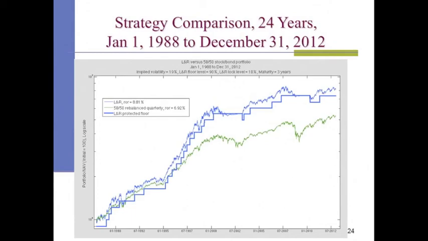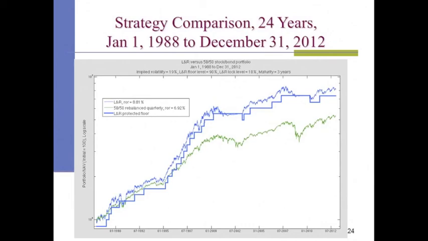Along the vertical, it's a log scale, and we're looking at the gain in either the lock and roll strategy, which is in blue, or the 50-50 strategy, which is in green. This begins the beginning of the year after the big crash of '87, so as to not take advantage of that unique 1 year. And it runs up to the end of last year. So it's 24 years. And what are we looking at? Well, the green is pretty simple to explain. It's simply a 50-50 strategy.